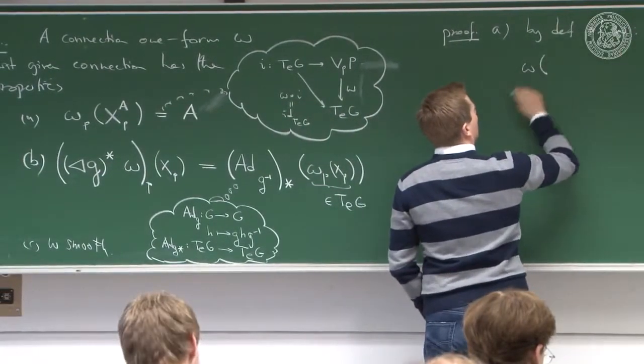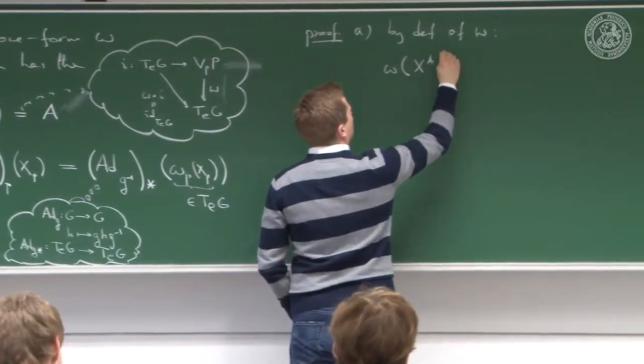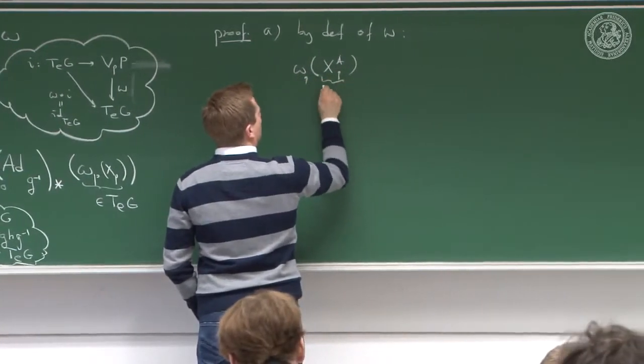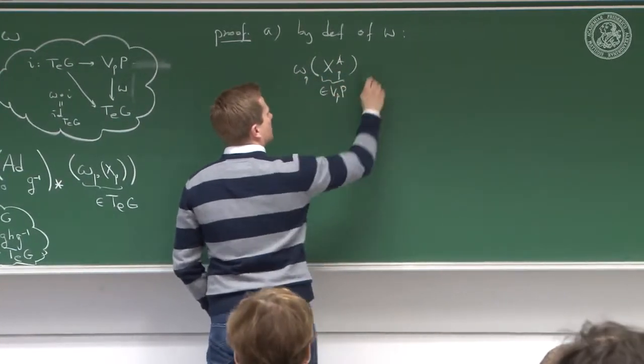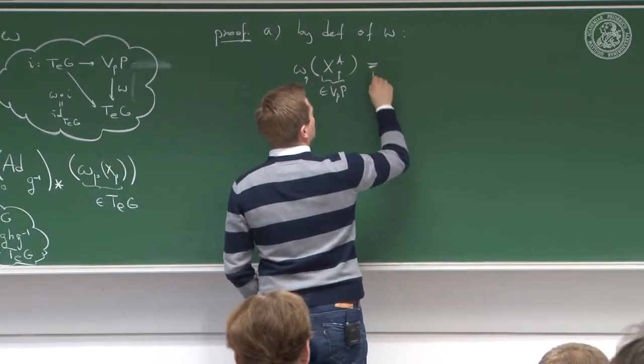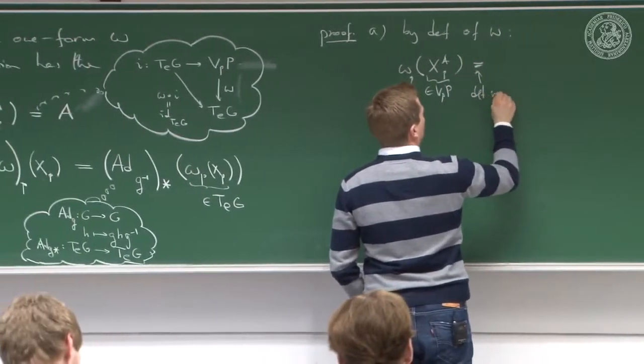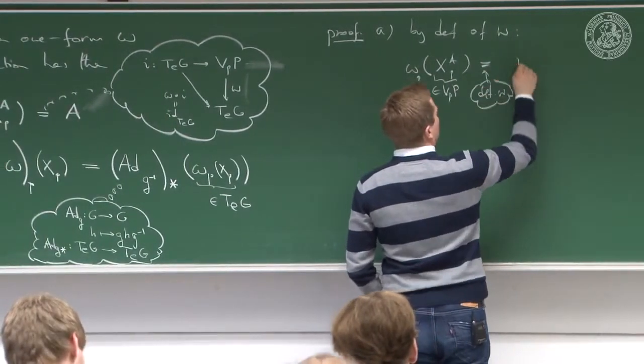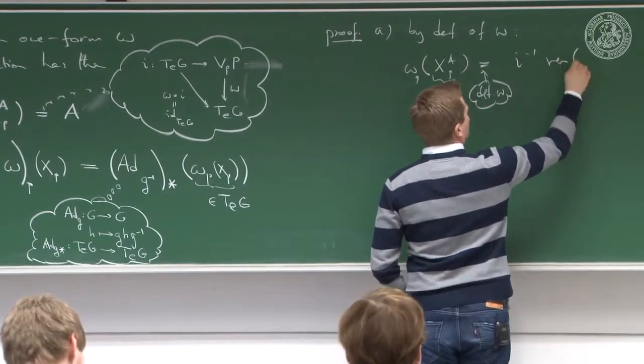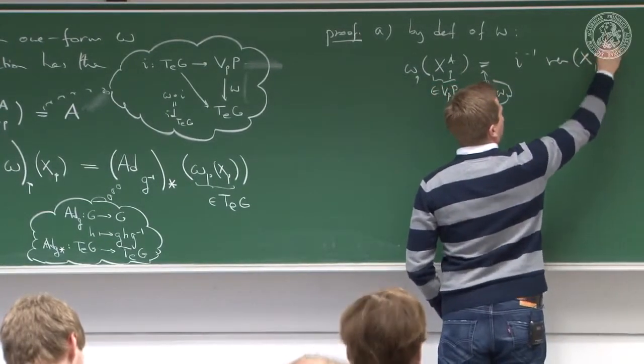So omega of xa, well, all at p, we know this is in the vertical space, and that's the definition of omega: it is I inverse of the vertical part of whatever has been provided.